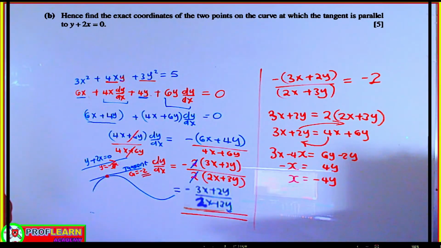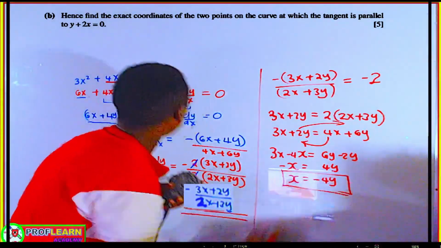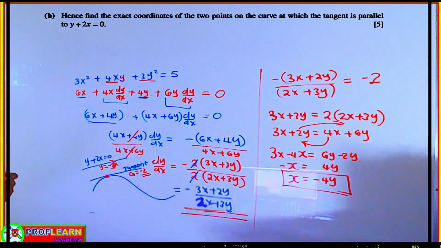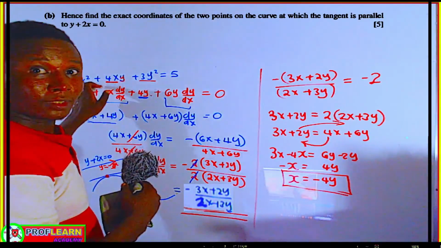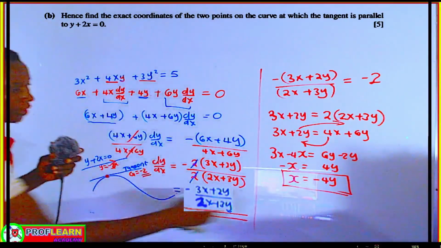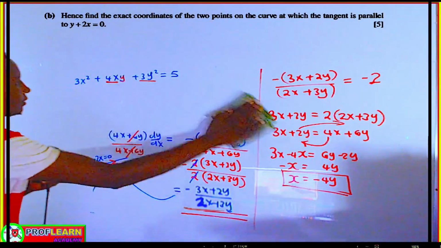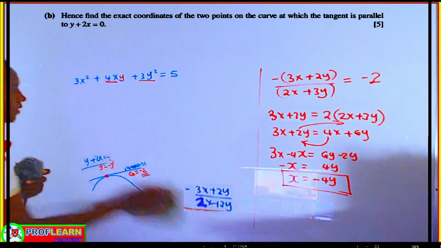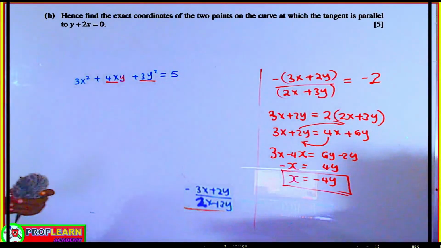We have x equals negative 4y. Let's save this equation somewhere. And I need you also to look at the original equation that we were given. So we are going to substitute this into the original equation.